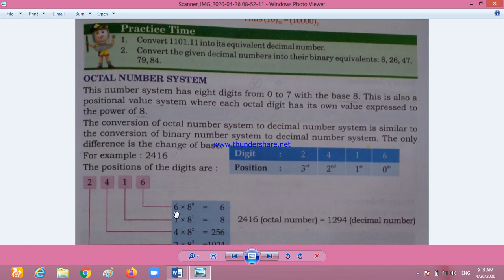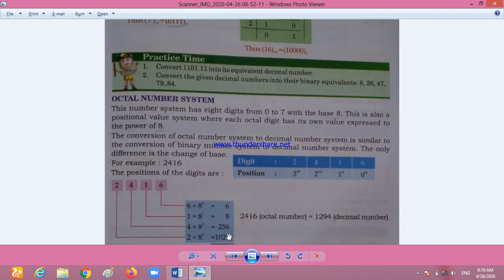So 6 multiplied by 8 to the power 0, 1 into 8 to the power 1, 4 into 8 to the power 2, 2 into 8 to the power 3. Then what do we do?